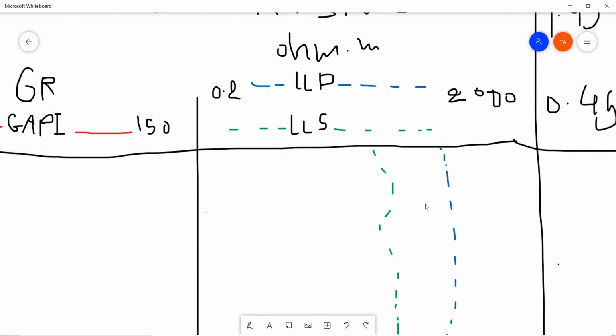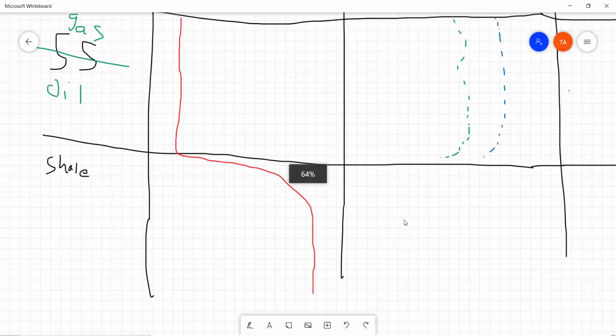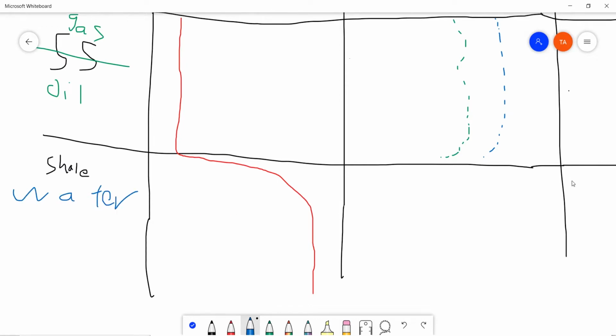than the shallow. Now when it reaches the shale zone, let's say we have water right here, and the water is salt, of course. The resistivity for shale and salt water is low.